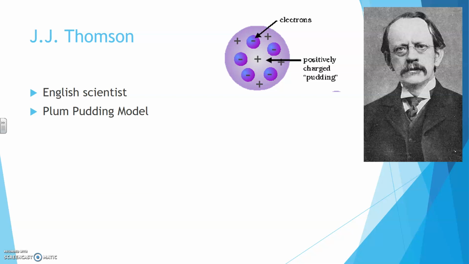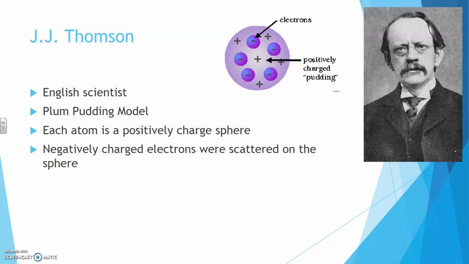Those would be the chocolate chips, or the plums. So each atom is a positively charged sphere, and then it has the negatively charged electrons scattered across the sphere. What you might notice here is that this is the first model that brings up negative and positive charges.